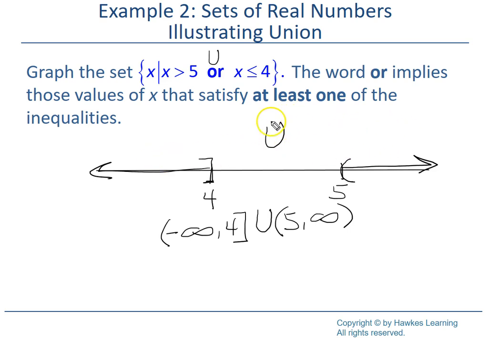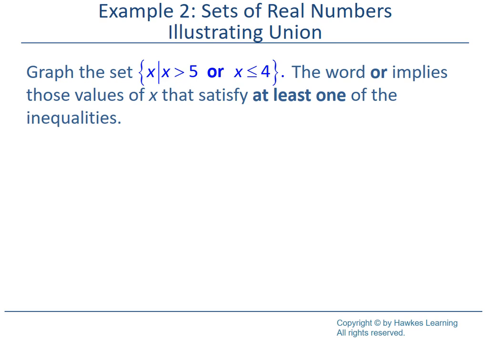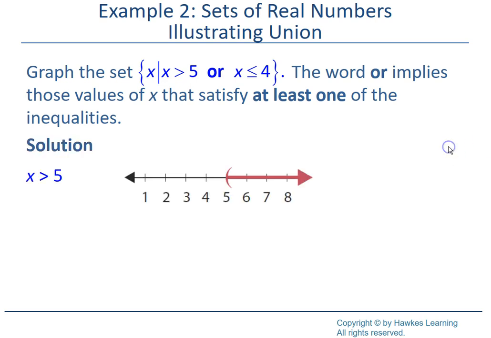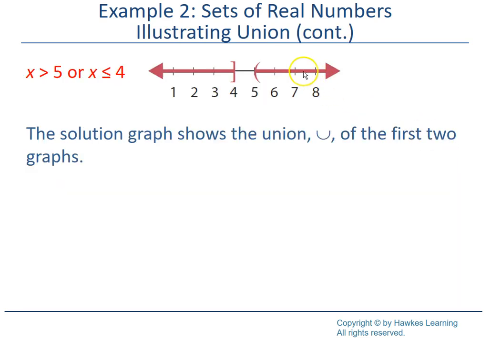So we're showing union, we're combining this and this on a single graph. And let's see how they do it. So there's one, there's the other, and they put them on one graph.